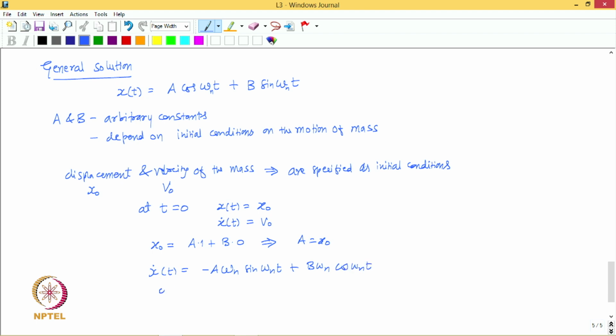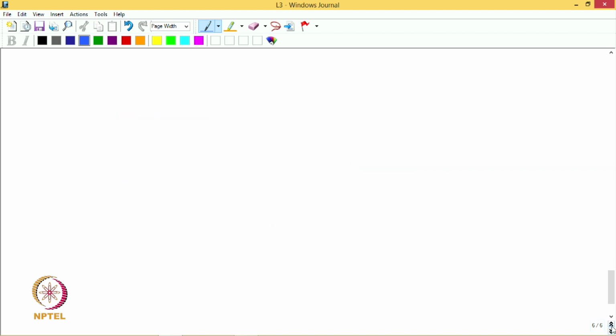Now if you impose the second condition, v naught is equal to, this would be 0 at t equal to 0, and this would be b omega n. So this leads to b is equal to v naught by omega n.